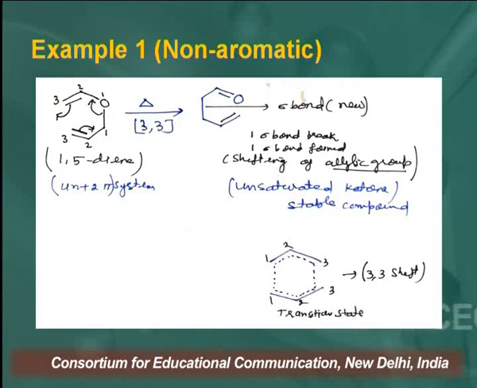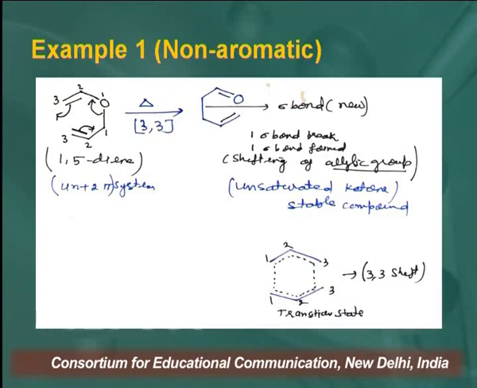So we get an unsaturated ketone, which is a very important compound. Learners, the stability of that compound makes this reaction irreversible, because the product is more stable than the reactant. That is why this is an irreversible reaction.